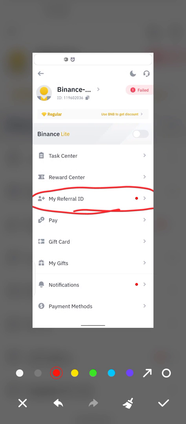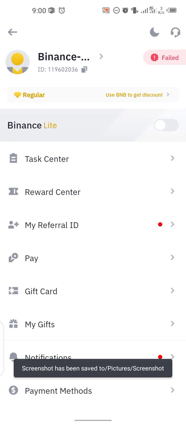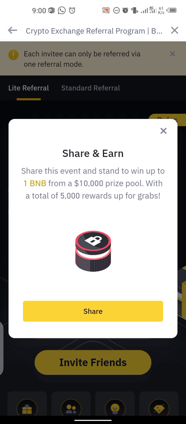When you tap on your referral ID, here you can see that once you provide your Binance link to someone and they open it, they come through.